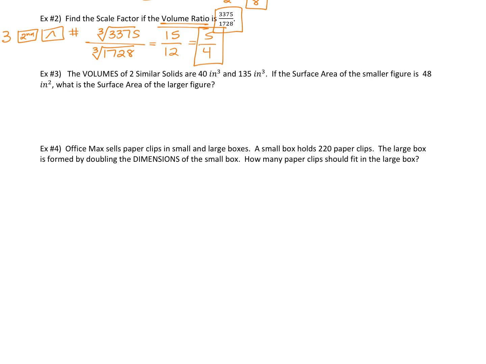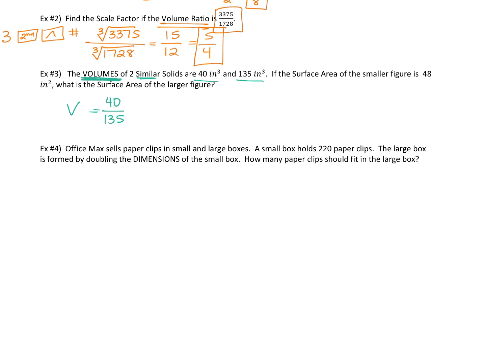So this one says, the volumes of two similar solids are 40 cubic inches and 135 cubic inches. Okay, so right there, you should say, oh, I know my volume ratio. What's my volume ratio? 40 to 135, right? That's the ratio of my volumes, 40 over 135.